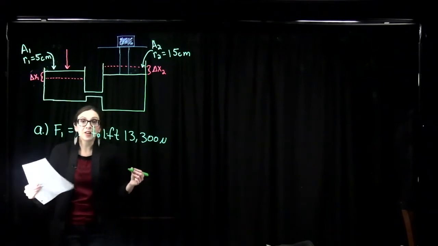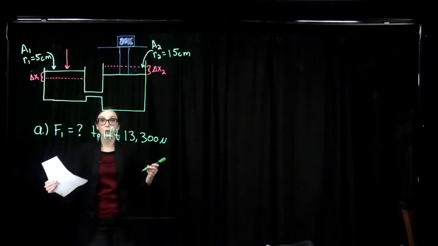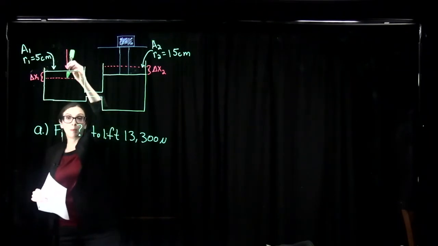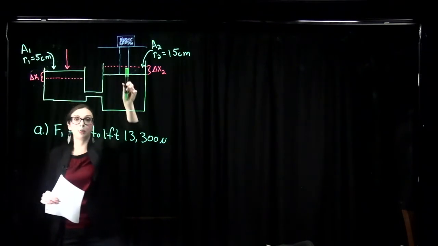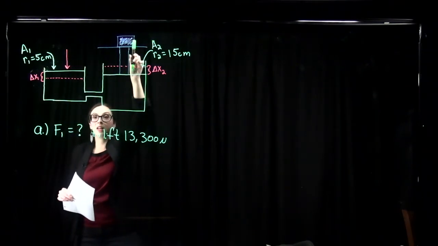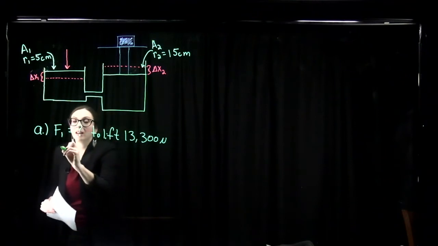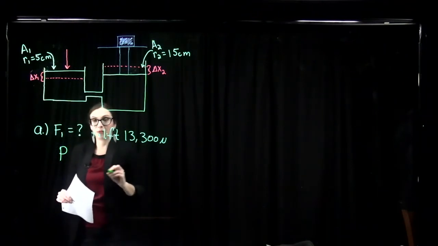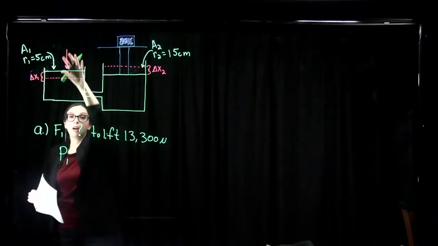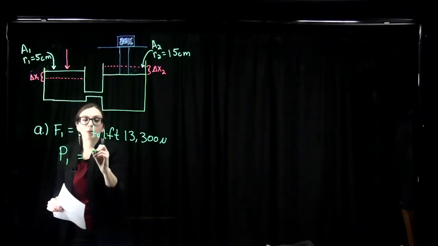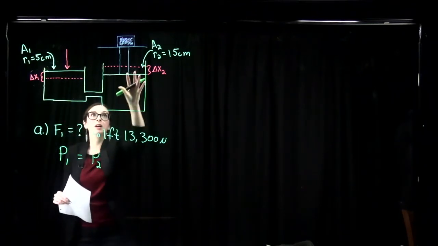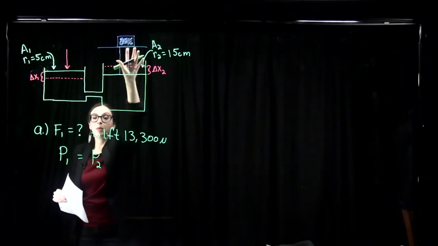Pascal's principle tells us that in an incompressible fluid, the pressure that we apply over here has to equal the pressure on this piston here, and that only works if you have an incompressible fluid. So the pressure over here on piston 1 has to equal the pressure over here on our output piston, piston 2.